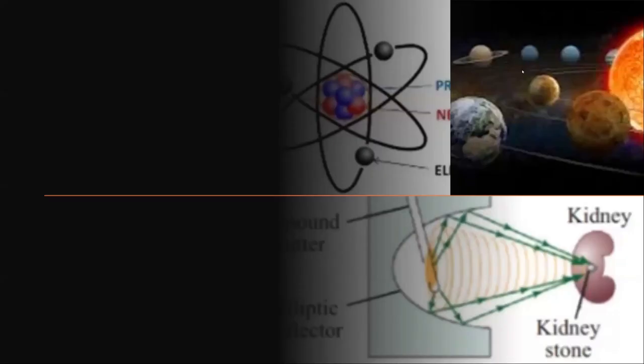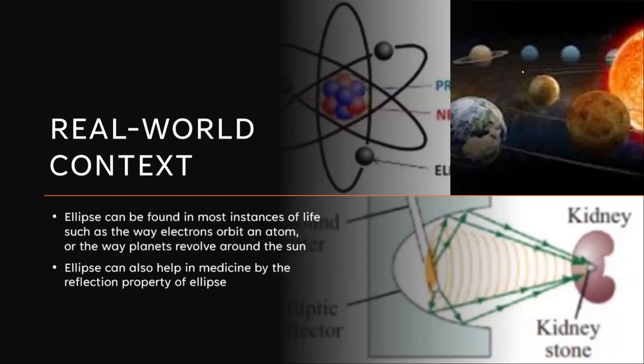So lastly, ellipses are found in everything from discussing atoms, such as the way electrons move around atoms, to how planets revolve around a star, such as in our solar system, the sun. They can also be used within medicinal purposes, such as treating kidney stones.